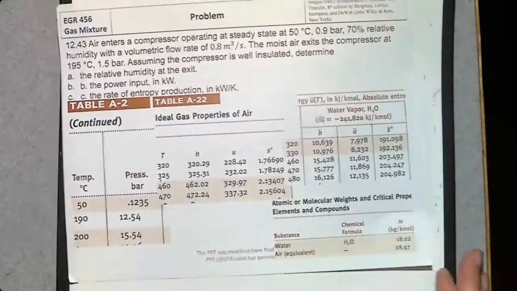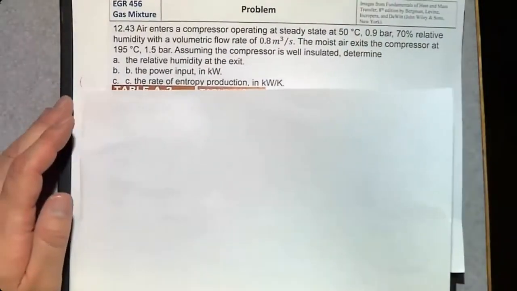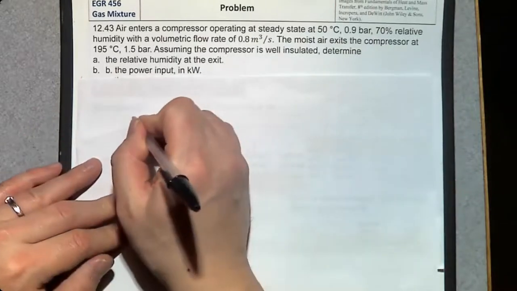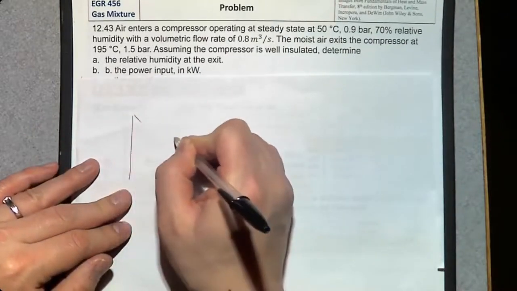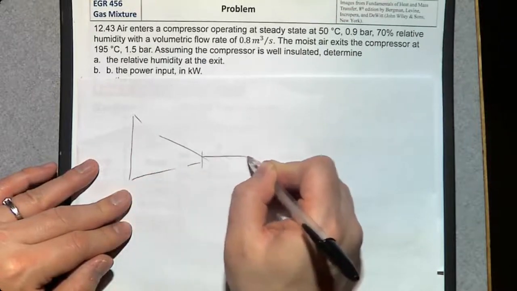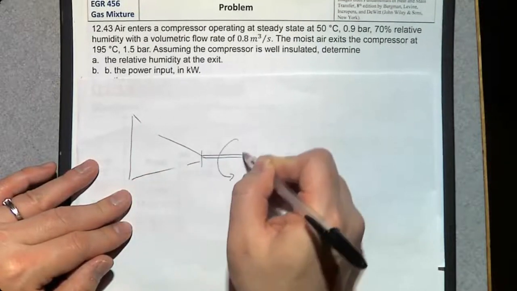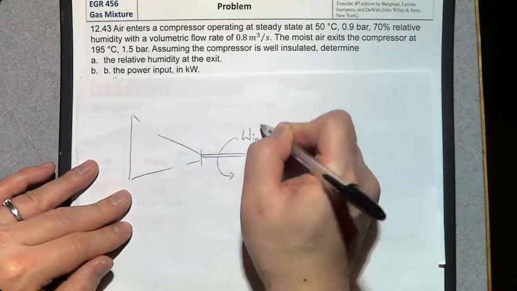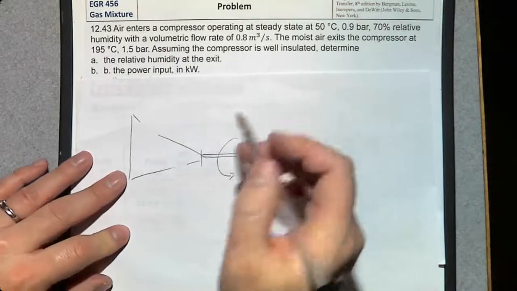So the first problem, we have air enters a compressor. So we have a compressor like this, providing W in power, so we add that on top of it.